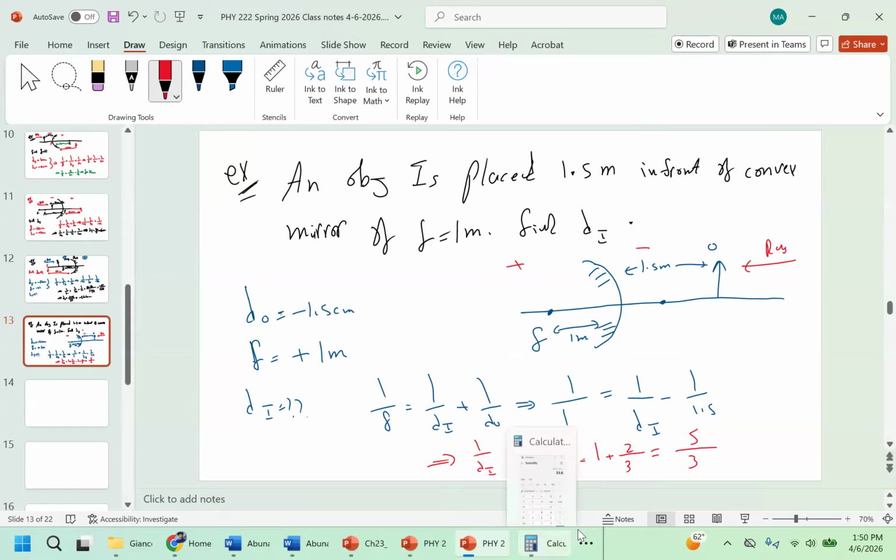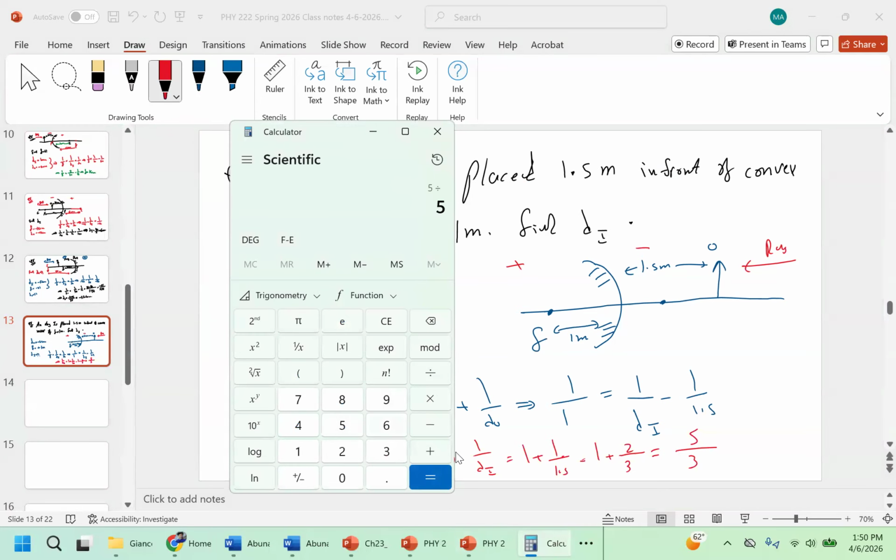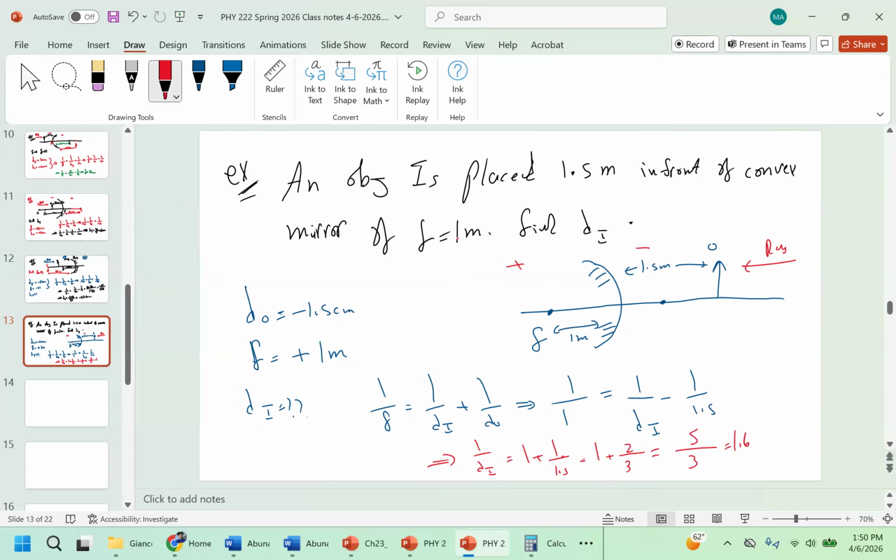What's 5 over 3? Anybody solve it? I get 1.6.